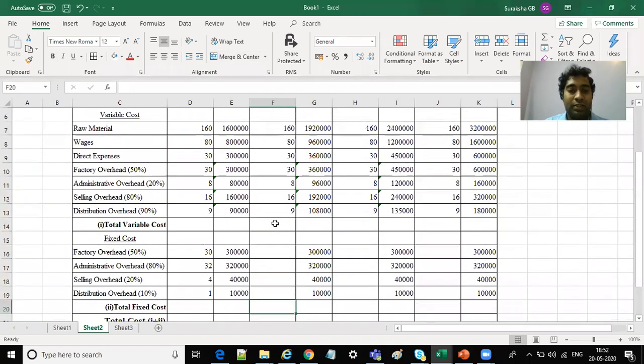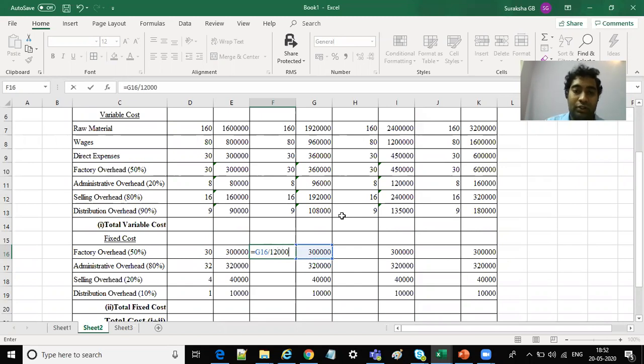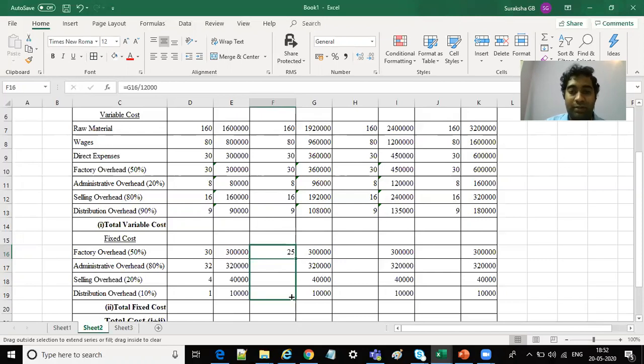So for this one, the total cost of 3 lakhs is divided by 12,000. Next, that 3,20,000 is divided by 12,000 and so on.